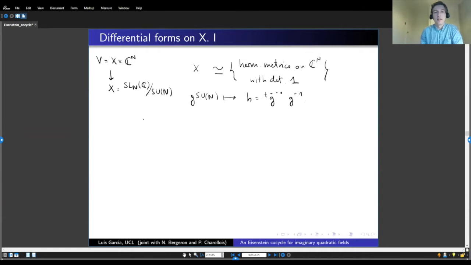Right. So now you can think of a point of the symmetric space X as a Hermitian metric on C^n. So you can think of V as carrying a tautological Hermitian metric. Namely, the metric at a certain point over X is just that metric parameterized by that point.